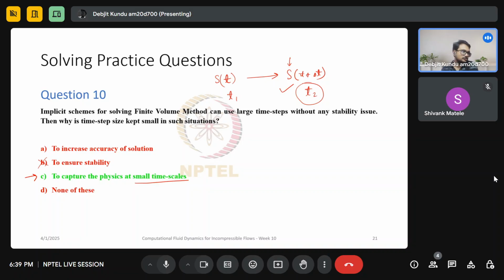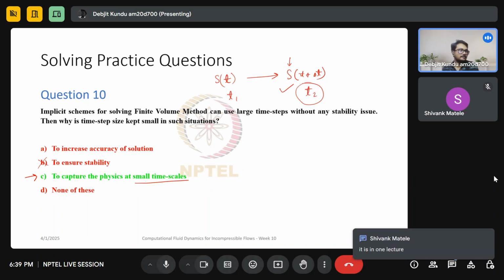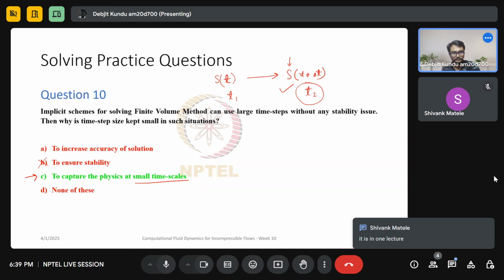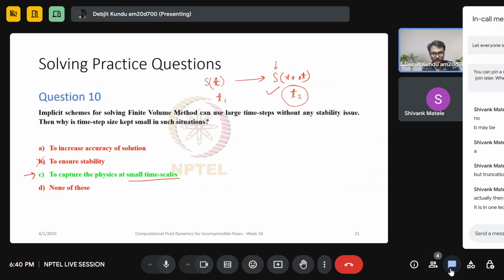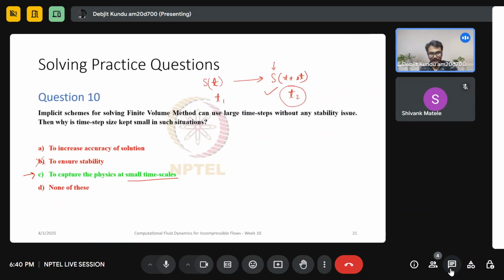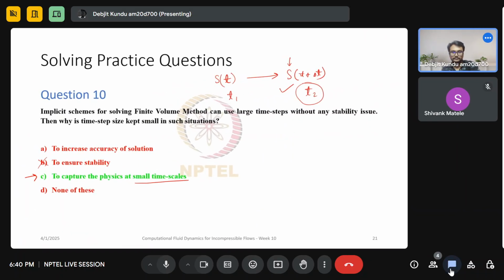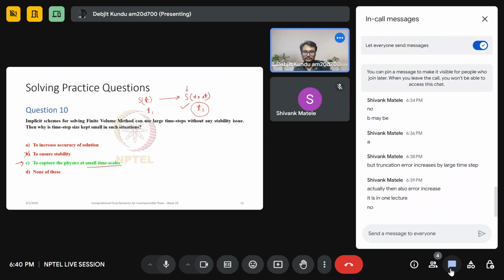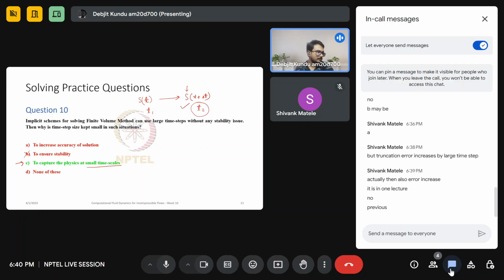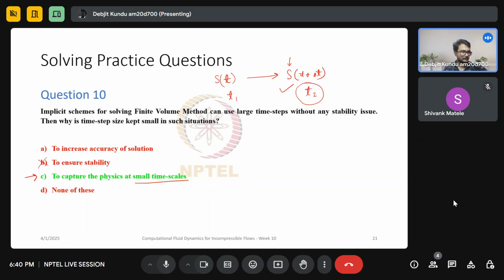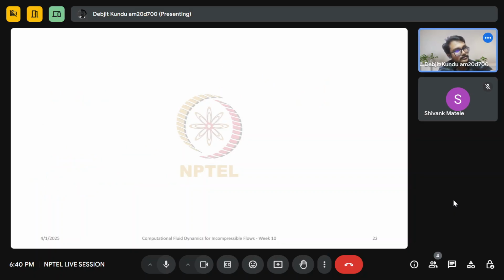But I think there should be some way to show that truncation error doesn't really matter. It is in one lecture. Okay. In this week's lectures? Okay. Anyway, it makes sense. I agree.